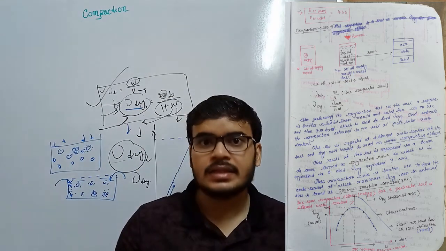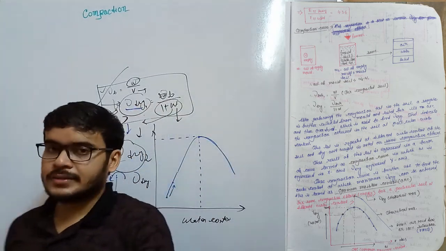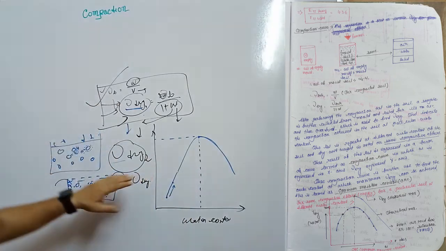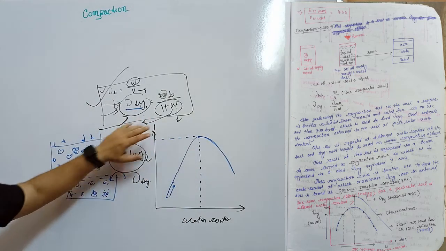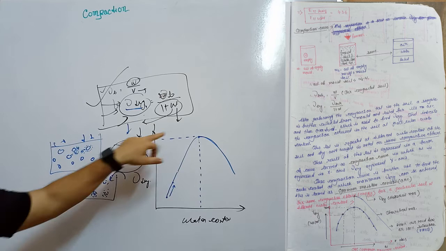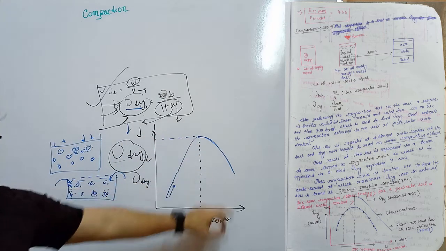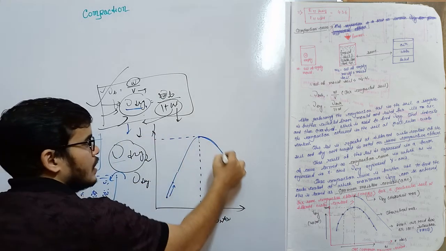It will take the void space and increase its volume. As the volume is increased, the gamma dry value will start decreasing. So that's why the curve is like this.